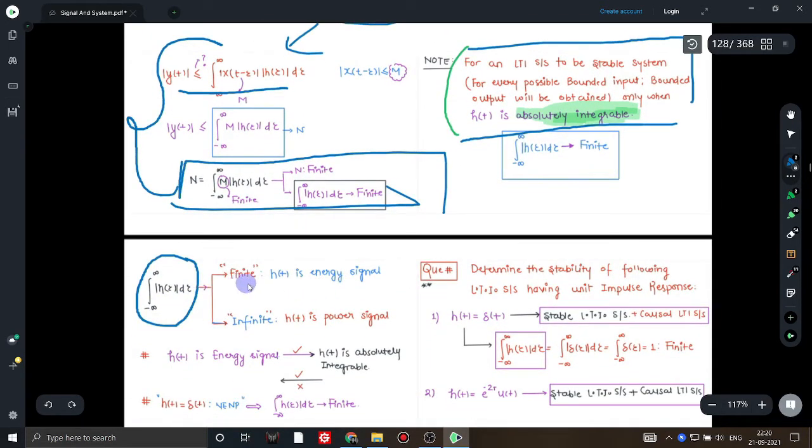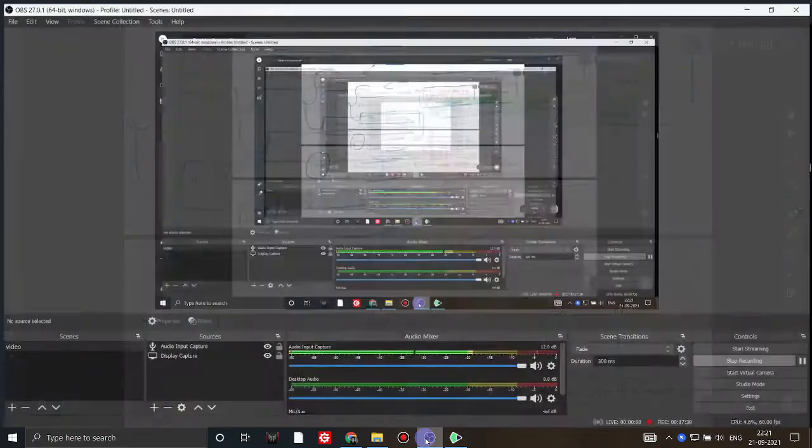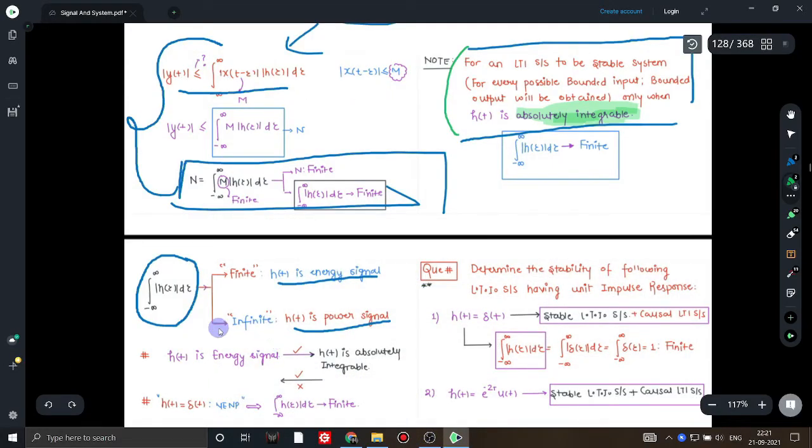If this is finite, then s(t) is an energy signal, as we all know, and if it is infinite, then s(t) is a power signal. If the integration of the modulus is finite, because we all know that finite signals are energy signals.